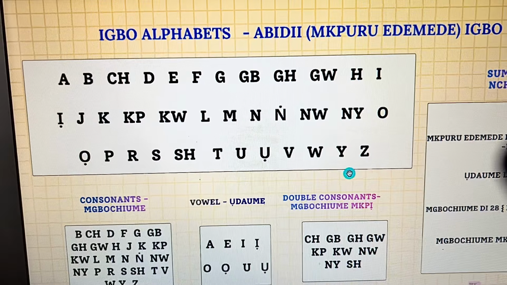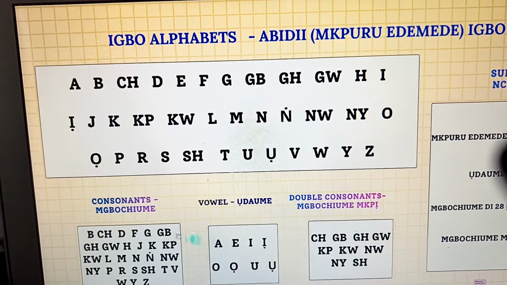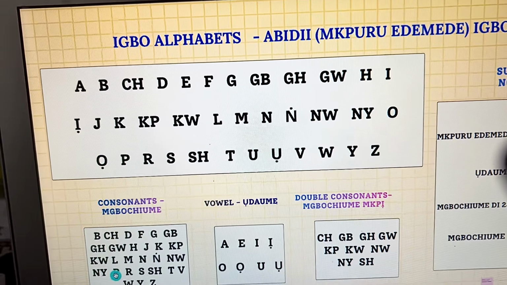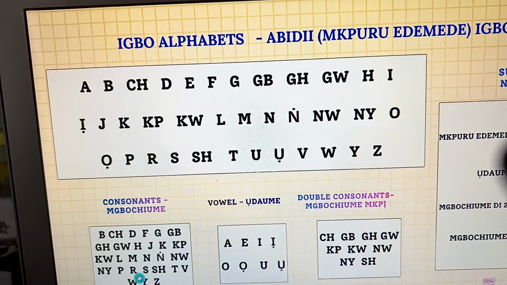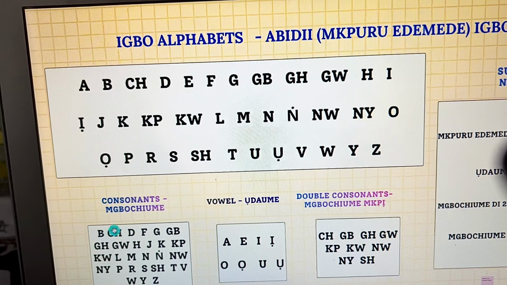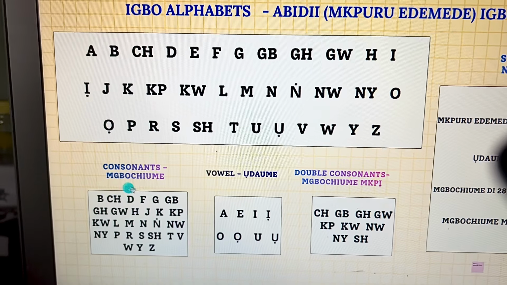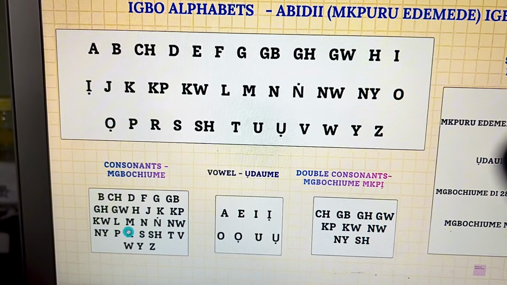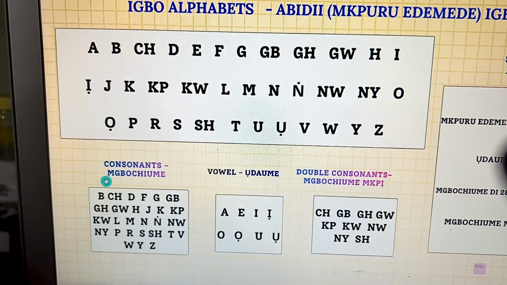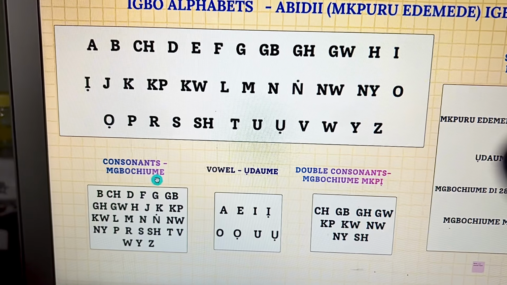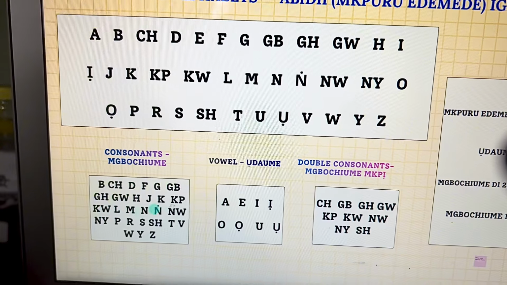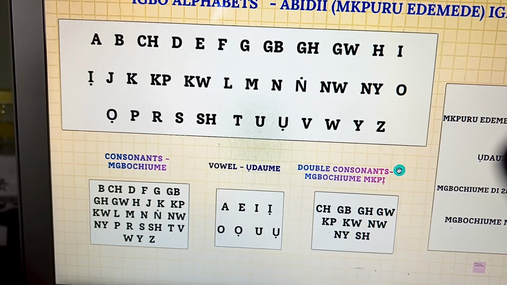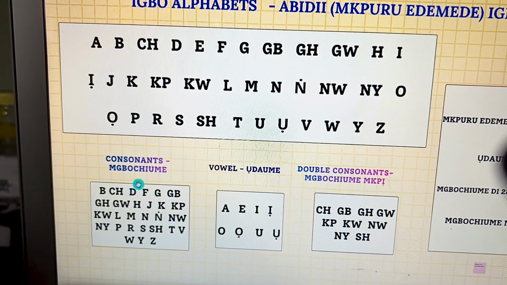Great job. Now, let's move to the consonants. We'll say each letter one at a time. The consonants are also known as Mgbochiume. Say it. Consonants. Mgbochiume. The consonants are 28 in number.